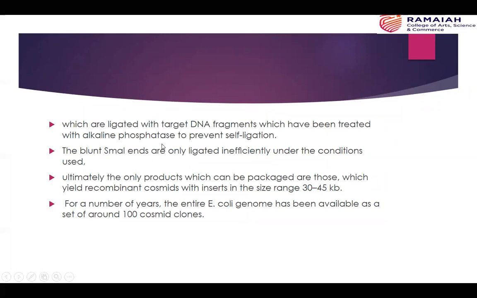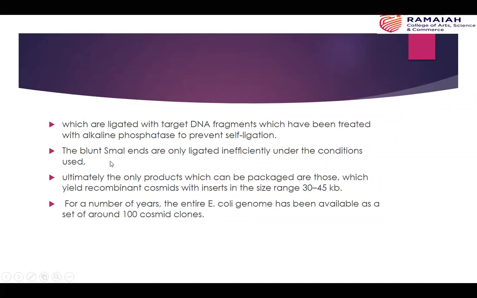You all know why we treat the target DNA with alkaline phosphatase, that is to prevent self ligation. And the two fragments which are produced from this cosmid vector should have blunt ends, because SmaI produces blunt ends.